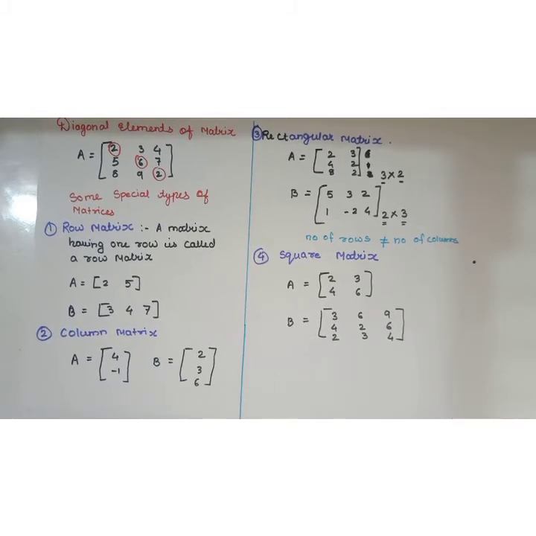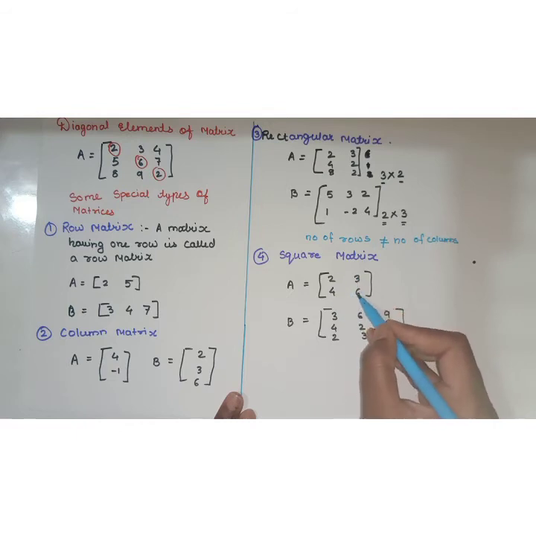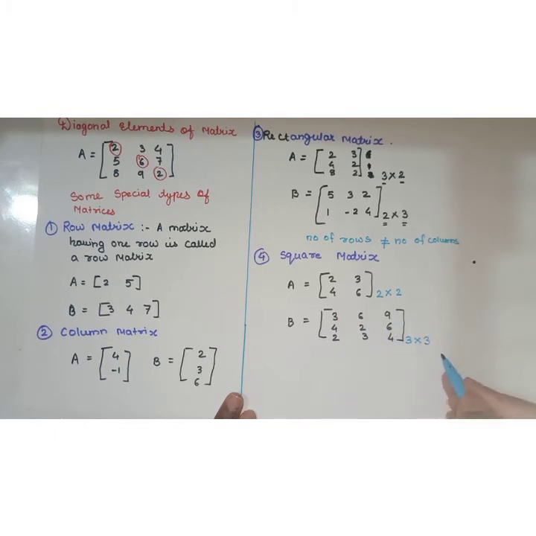Now here, if you see these two examples, how many rows are we having? We are having 2 rows and we are having 2 columns. So the order of this matrix is 2 by 2. Same way here, how many rows are there? 1, 2, 3. How many columns are there? 1, 2, 3. The number of rows and number of columns are equal.